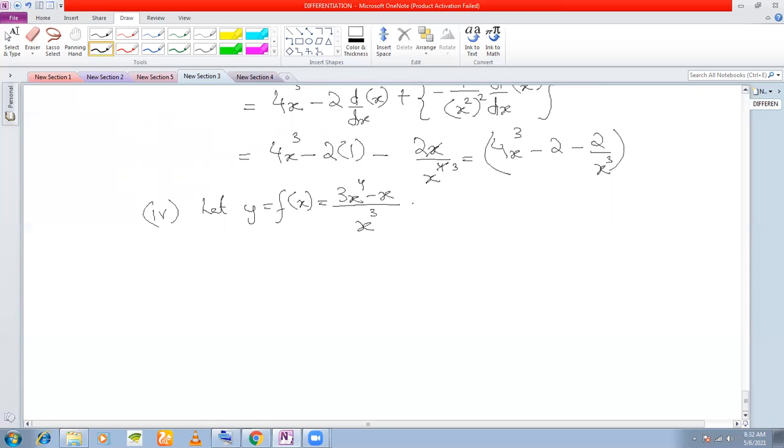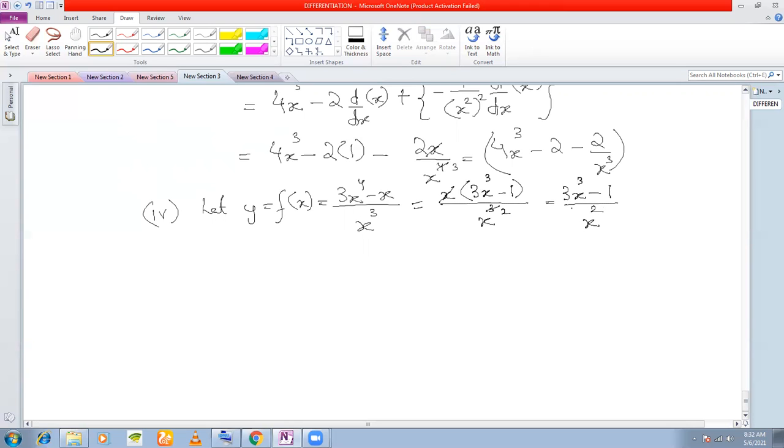We can simplify this a little. We can take x common in the numerator, so you get 3x cube minus 1. And the denominator x cube is there, so this 1 x will cancel. So you simply get 3x cube minus 1 divided by x square.